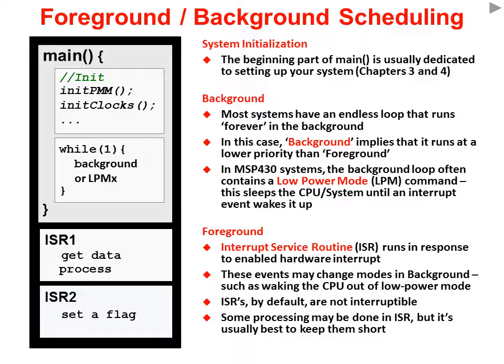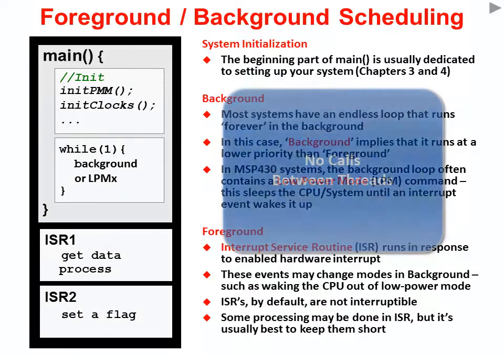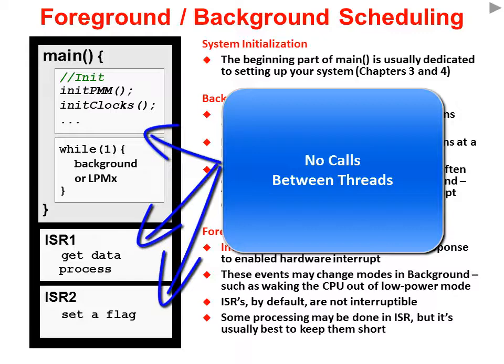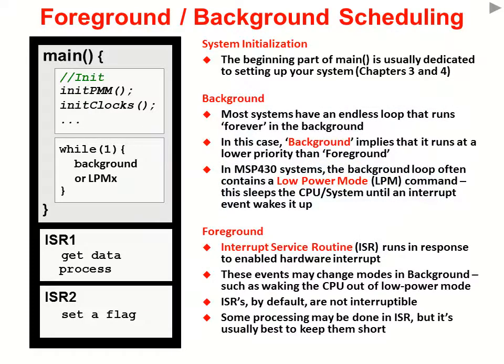We use the word independent because if you were to examine the code in such a system, there aren't any calls between the three of the routines. Each one begins and ends execution without calling the others. It's common to call these separate segments of code threads. Now, if you've written this type of code before for an embedded system, you probably recognize it.